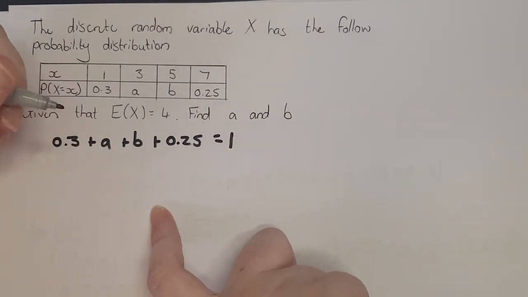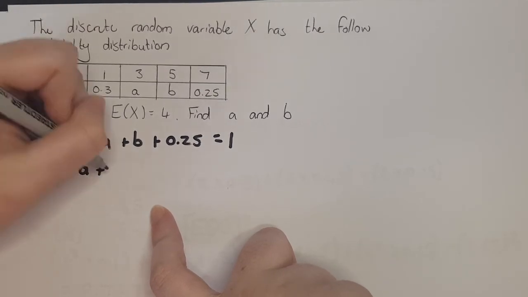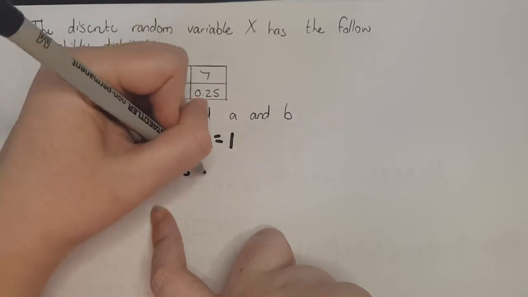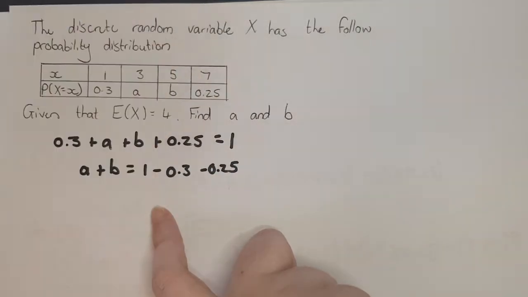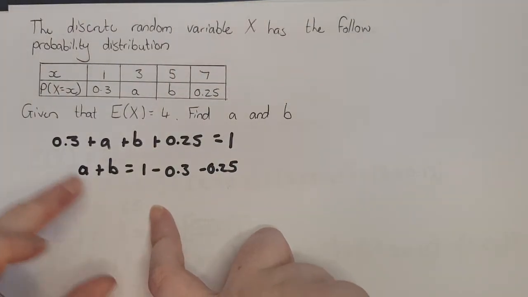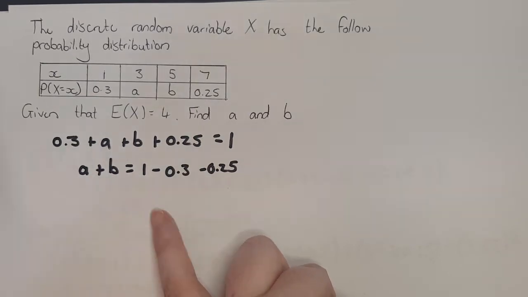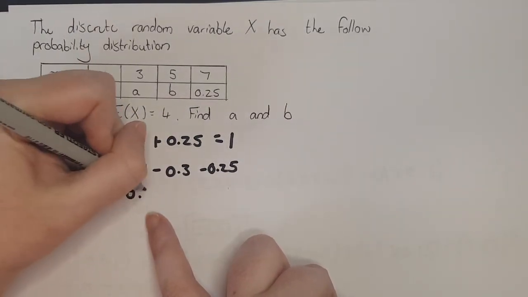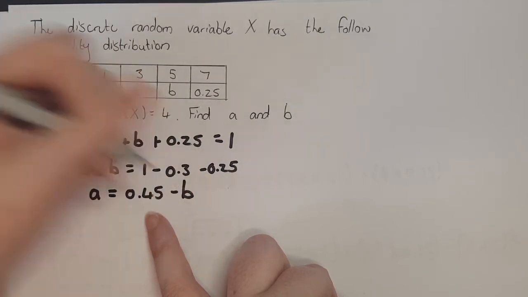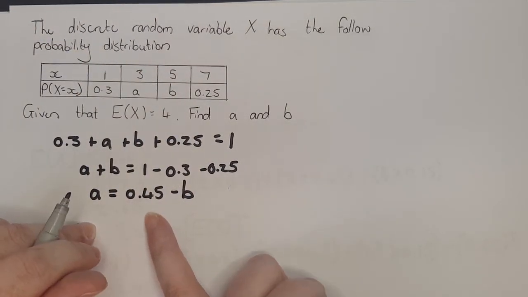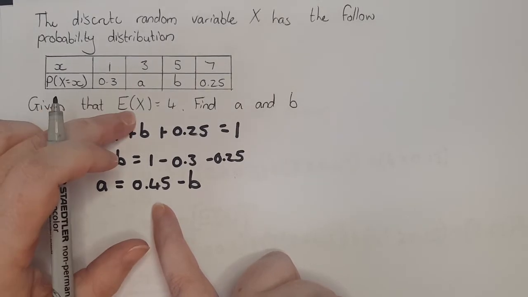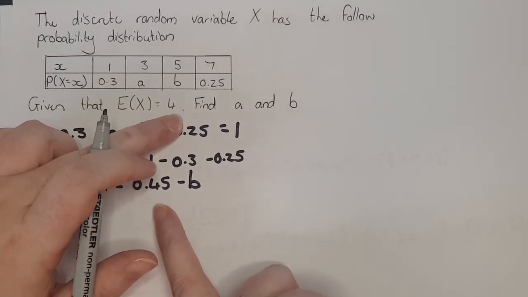I can manipulate it around and say A plus B equals 1 minus 0.3 minus 0.25. And if I move one of those variables to the other side, I can get a single subject of the formula, like that, for example.